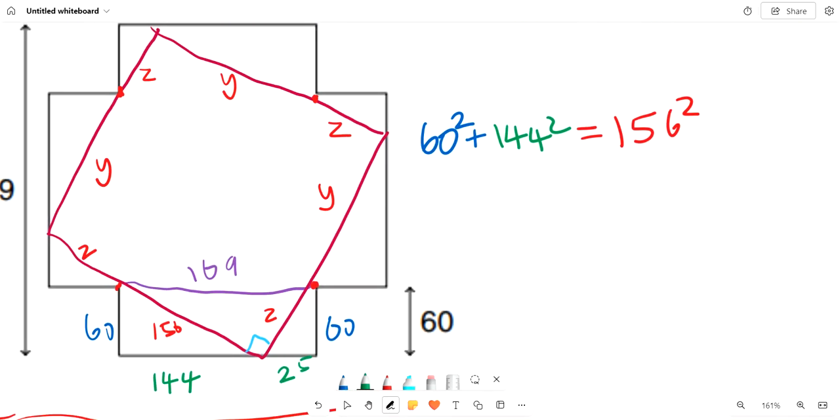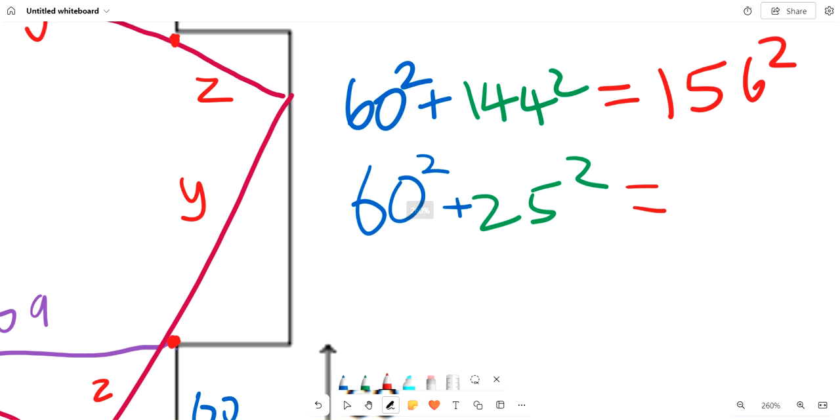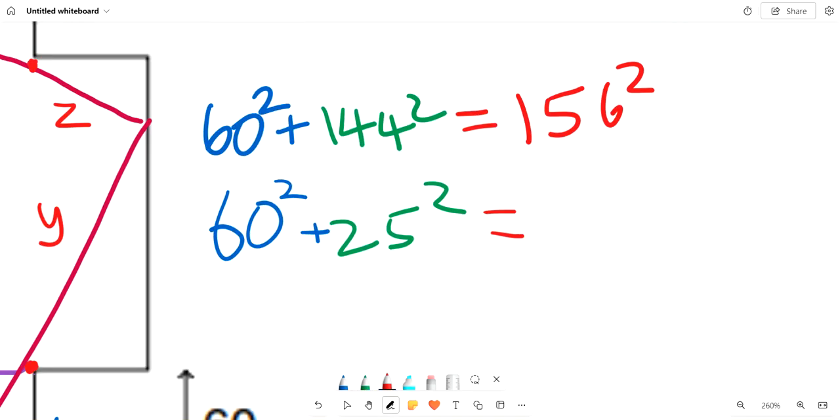And so now we find z, and we get 60 squared plus 25 squared, and this is pretty easy because we have a 5, 12, 13 triangle if we just divide this thing by 5. And then we get 13 times 5, which is 65 squared, from similar triangles.